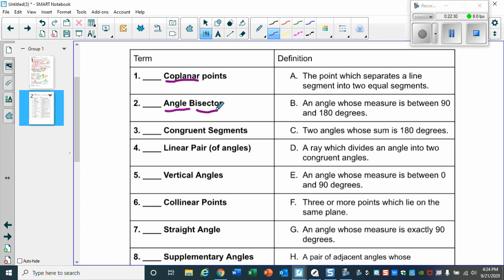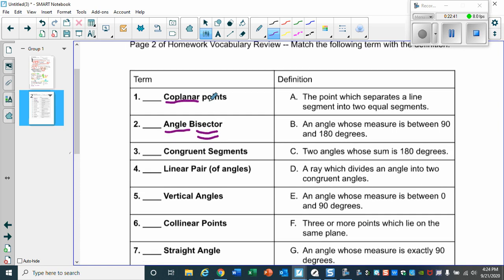The key word is bisector. What happens when you bisect either an angle, a segment, what have you? Now, congruent, that's the key word. Congruent, similar, same measurement, and so on.